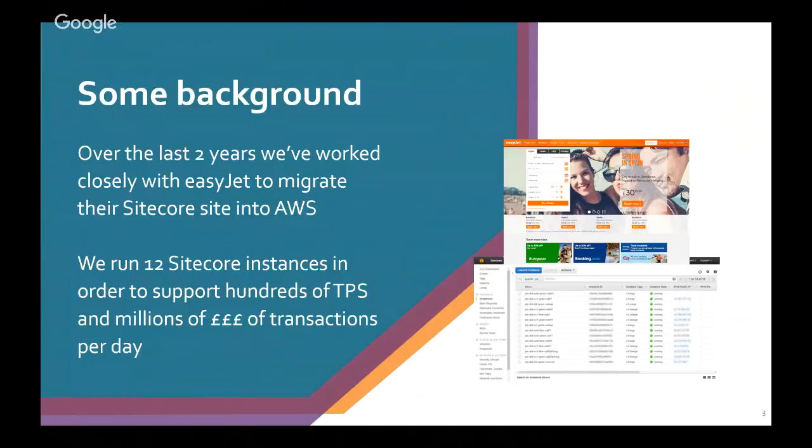This is a bigger scale than we'd ever dealt with before. It was a very interesting thing to see happening. And the slightly scarier bit is they take millions through this a day, upwards of 15 million through the checkout process. So even small amounts of downtime is a real no-no. It's a pretty scary prospect.